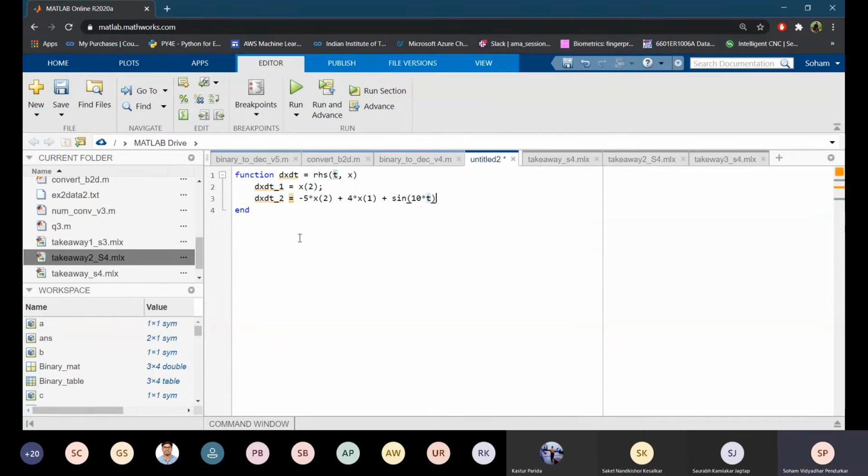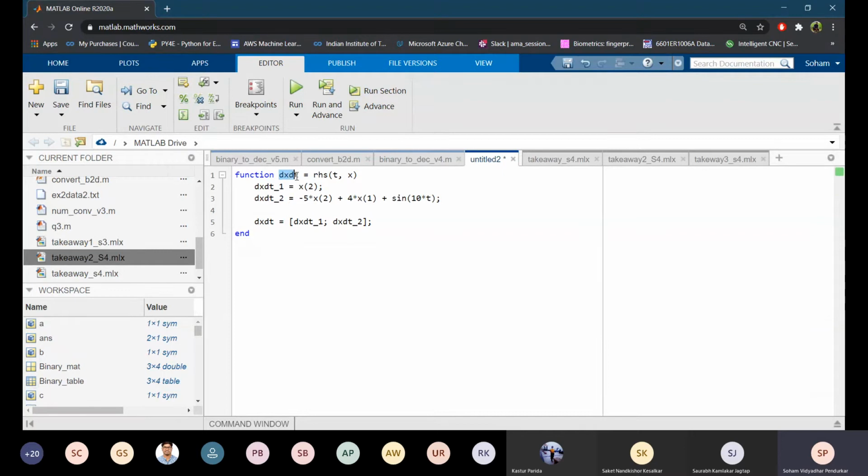Okay, and now what I need, according to what ODE45 demands, if you have a set of differential equations, then you have to put them into an array. So I'll define an array here, dxdt array, which is dxdt_1 semicolon dxdt_2, and this is how I defined the array that will go into the function.